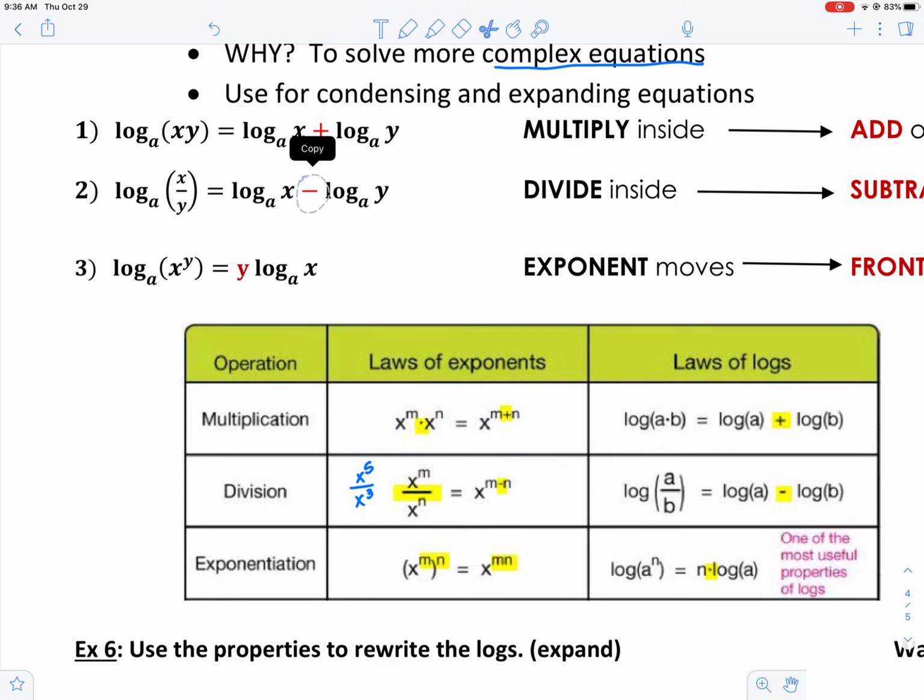And then the very last one, and this really is one of the most useful laws. We use this all the time. You see your exponent up here? Remember, the reason we do logs a lot of times is to get the exponent down from the exponent down to the ground floor. If you have an exponent and you have a log, you can just take that exponent and stick it right in front.